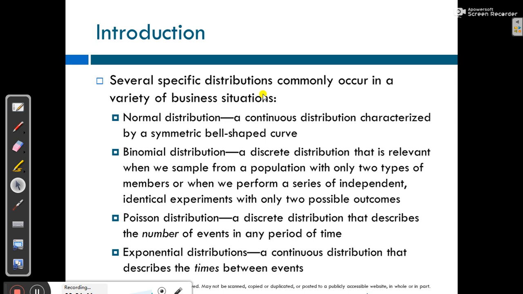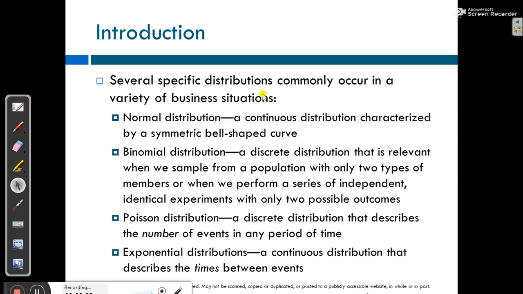So here we are dealing with two classes, a binary class problem.